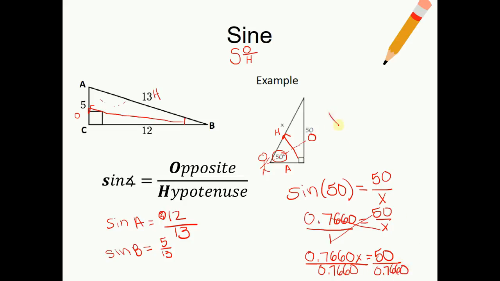So I'm going to get x equals, what is 50 divided by 0.7660? I get a decimal of 65.27 for an answer. So that would be the length of my hypotenuse in that particular triangle.